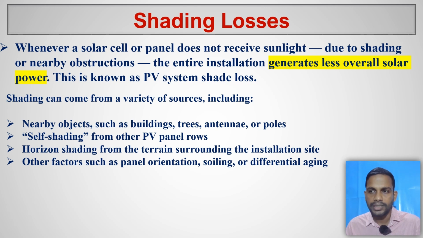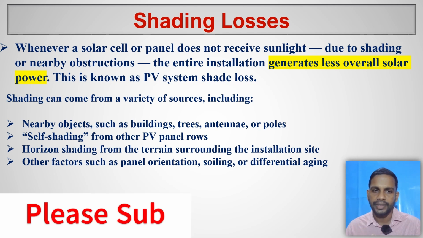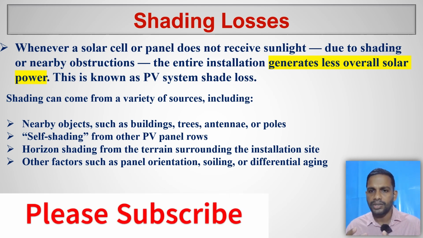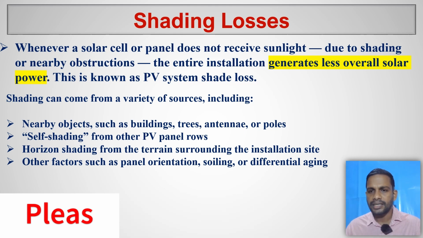Let's say one particular cell is completely shaded. It means the current flow will be fully stopped, and we will not get any current out of this module. Whenever a solar cell or panel does not receive sunlight due to shading or nearby obstructions, the entire installation generates less overall solar power.